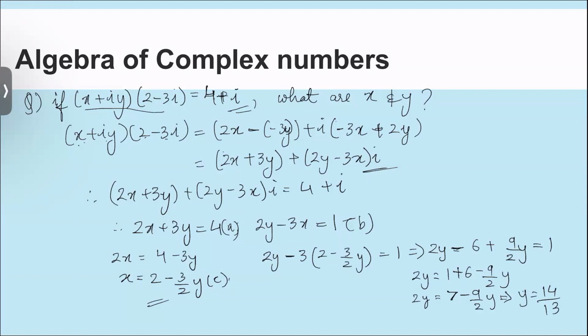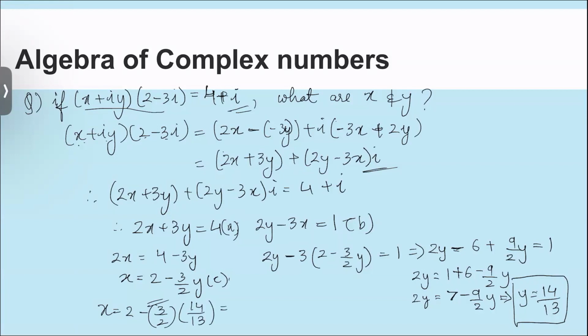Now you substitute the y value, say in equation C. So what we get is x is equal to 2 minus 3 by 2 multiplied by 14 by 13.